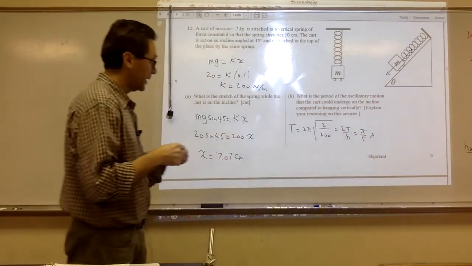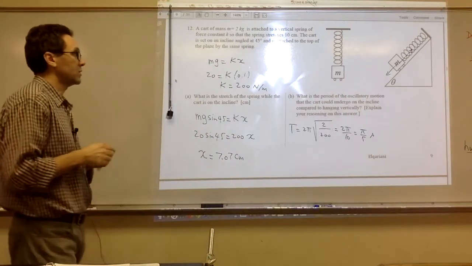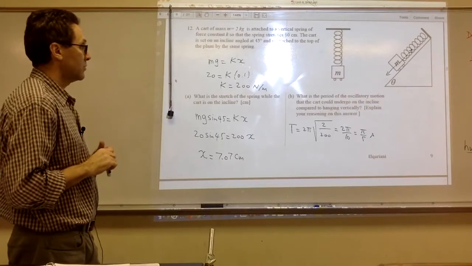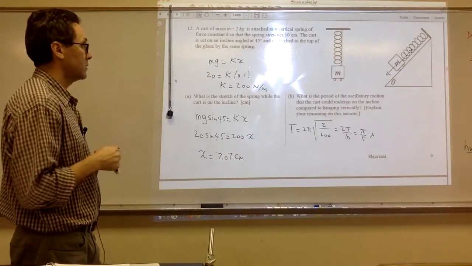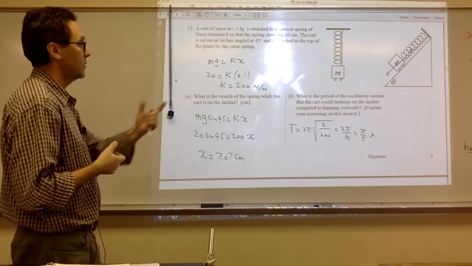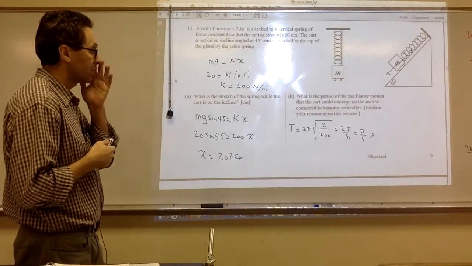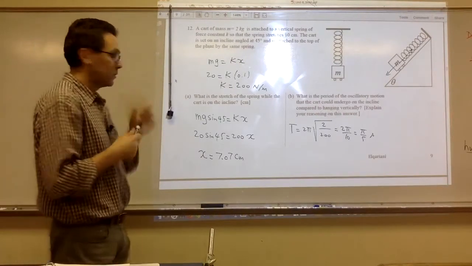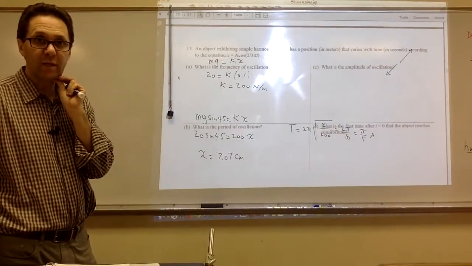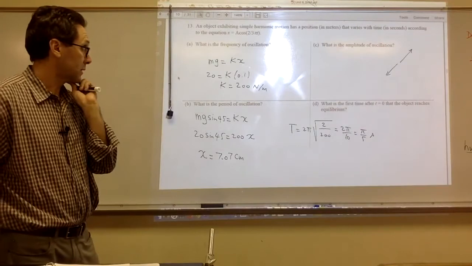It should be the same whether it's on the incline or vertically, because the acceleration of gravity doesn't really matter. On the incline it's a weaker gravity, but it doesn't matter. The formula for T doesn't even show the acceleration of gravity, and we discussed the reason why in class. So I'm not going to talk about it now, so that you learn to listen in class.